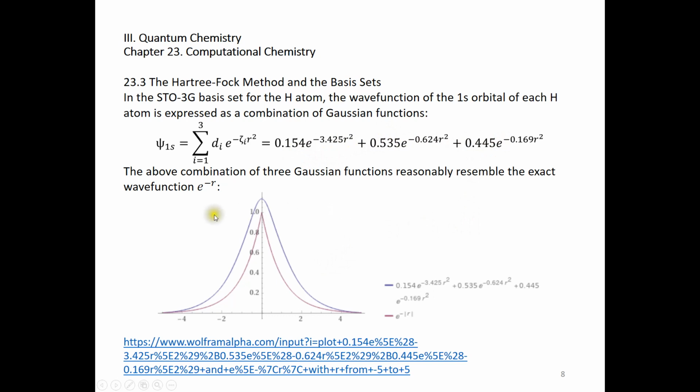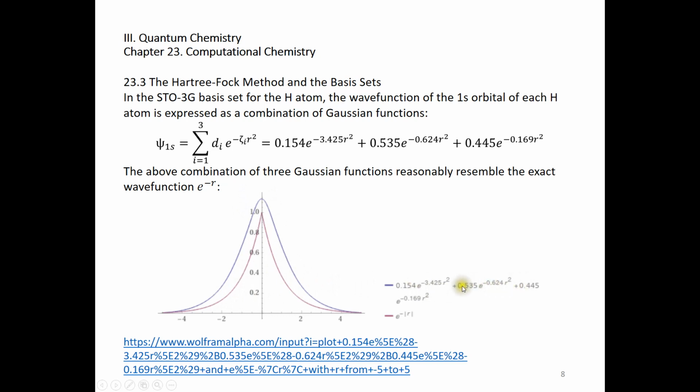Now let's look at the shape of the combination of these 3 Gaussian functions. It looks like this. It's still a bell shape, but it looks awfully similar to e to the power of -r, the exact wave function in the hydrogen atom. Let's compare these 2 shapes.